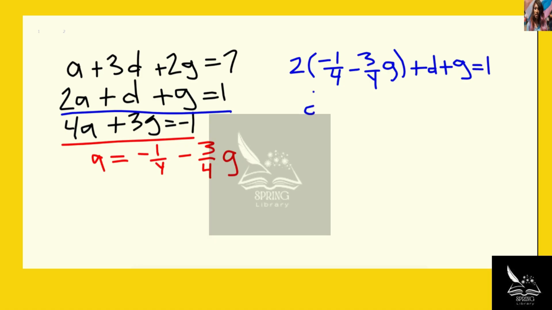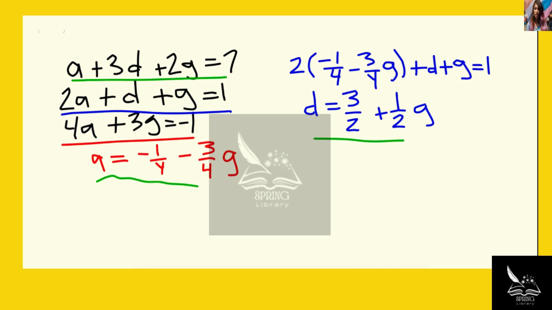We solve that for D, and we'll get 3/2 plus 1/2 G, right? And then we'll put that into our first equation along with both of these pieces, right? So we have an A and a D, both in terms of G. So we'll get an equation just in G.